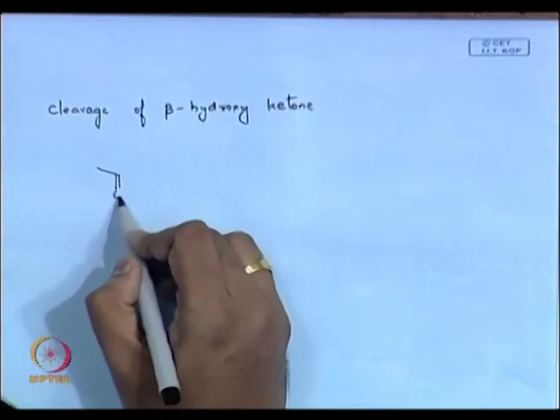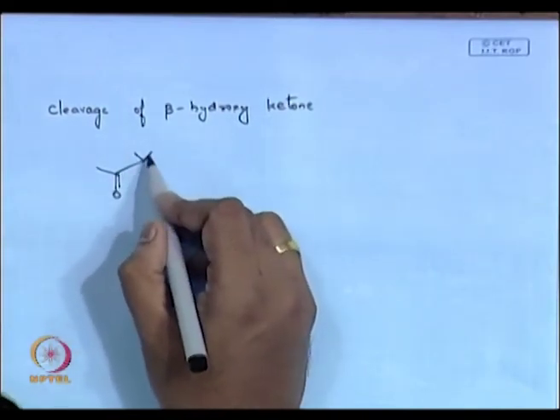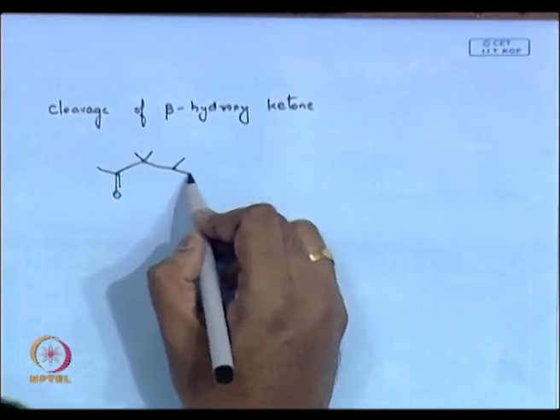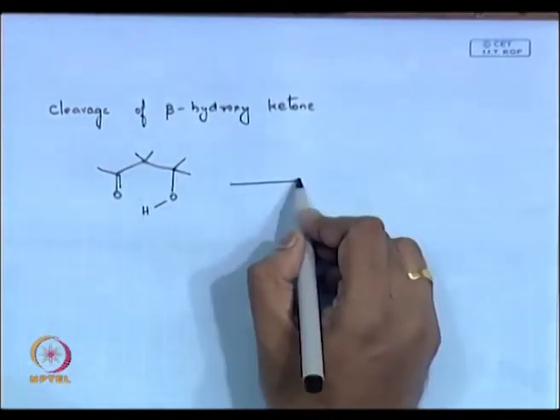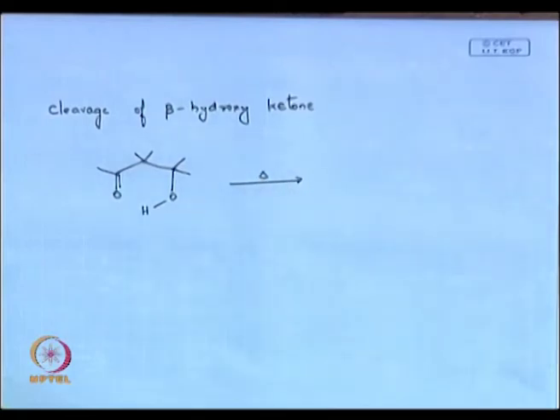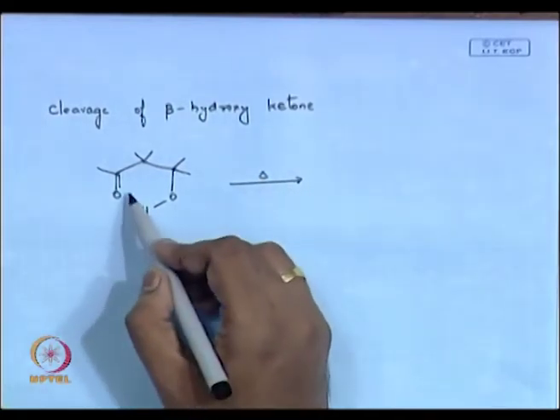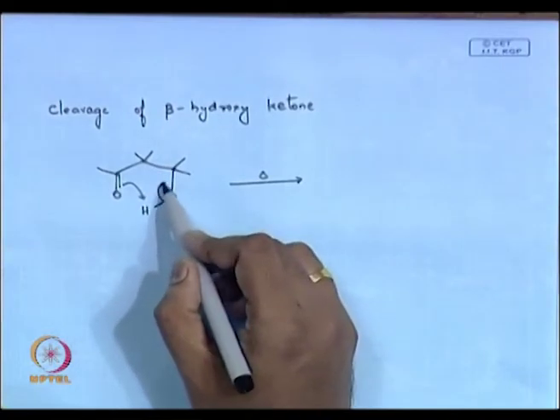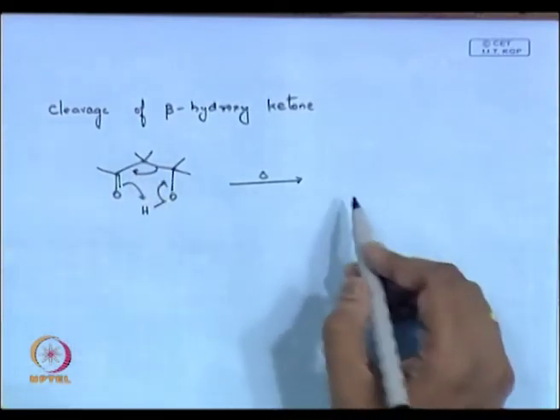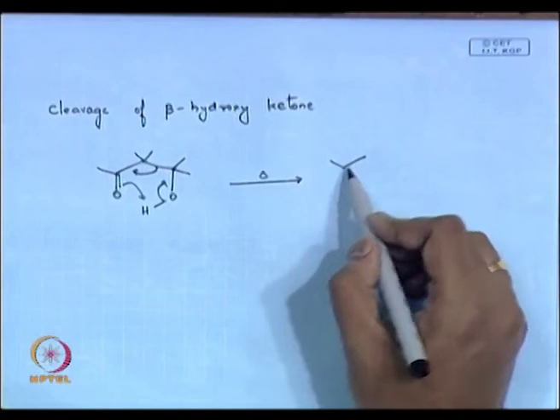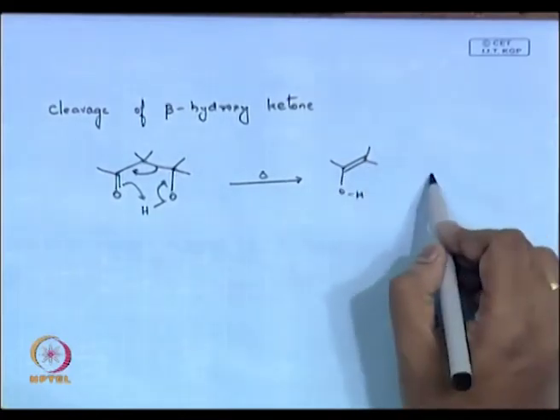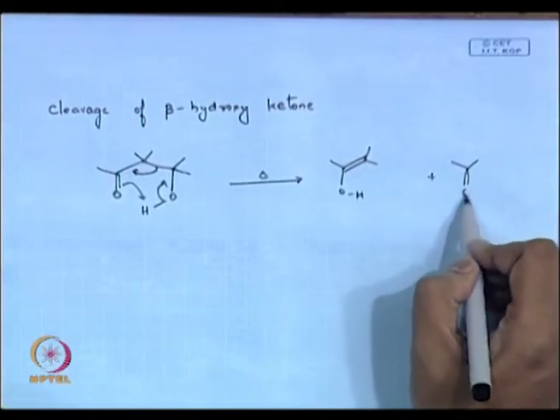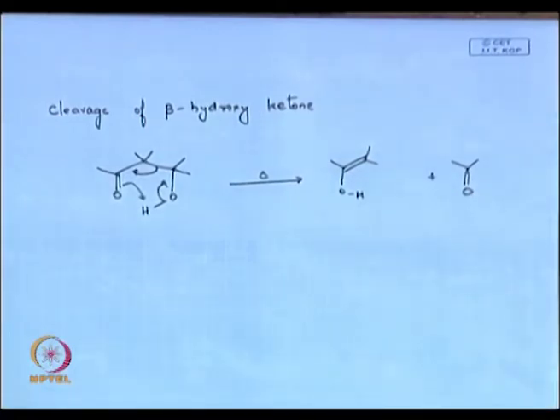So, I can have a beta hydroxy ketone and if you heat this, same way, you end up with an allyl alcohol, vinyl alcohol plus your ketone. So, these are very nice reactions of your retro-ene.